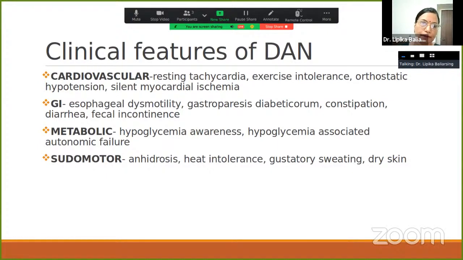But here, if they have the features of DAN, then they become even more prone to developing aspiration. And the metabolic features are hypoglycemia associated with autonomic failure, and they exhibit anhidrosis, heat intolerance, gustatory sweating, and dry skin too.